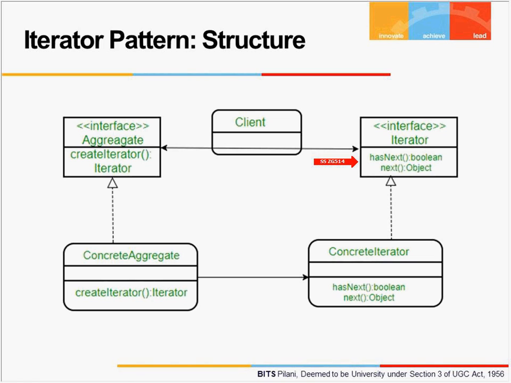The implementation of these two methods in this interface is provided by the concrete iterator, which actually implements the iterator interface, with the hasNext method and the next method that returns the object. So these are the four participants in the iterator pattern.